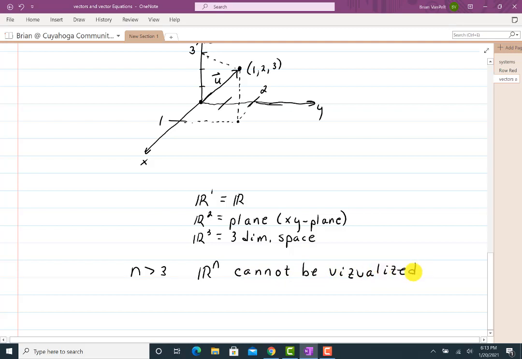So when we talk about R to the n, we're talking about abstraction. We're trying to see the things that work in our normal everyday lives, like R2 and R3, that we can extract or generalize to n dimensions. Even though we can't visualize n dimensions, it is useful in a vast array of applications.